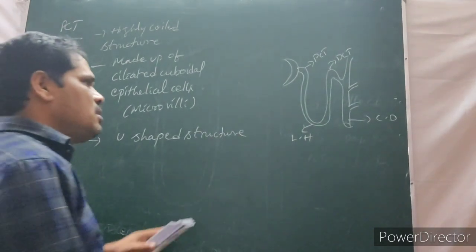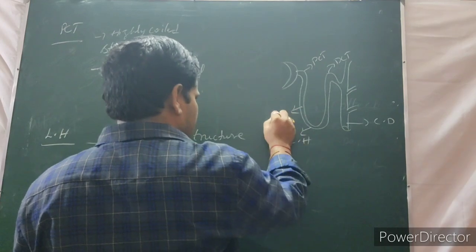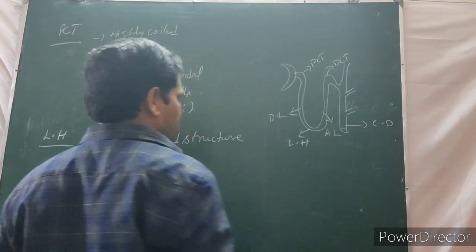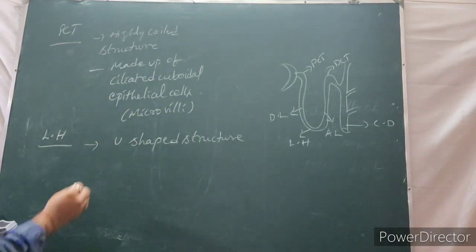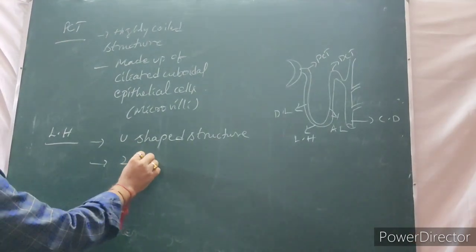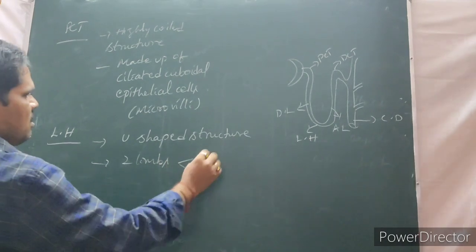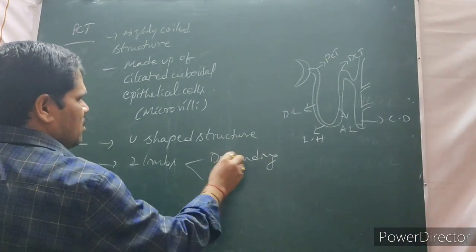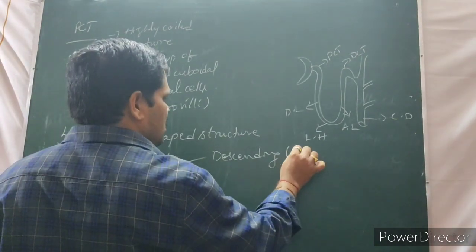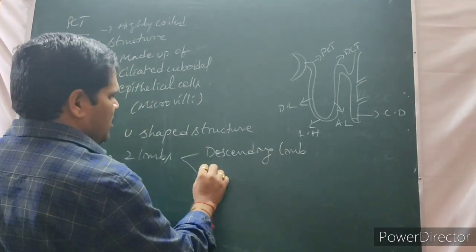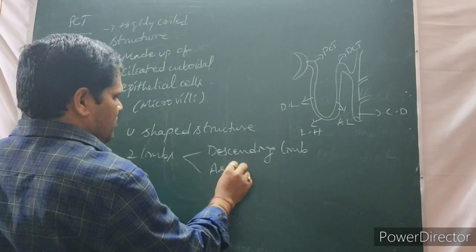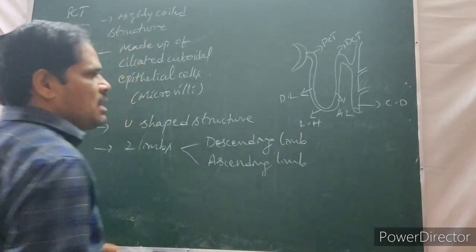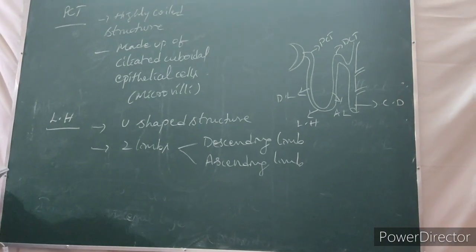One is the descending limb, and the other one is the ascending limb. These are the two limbs under the loop of Henle.